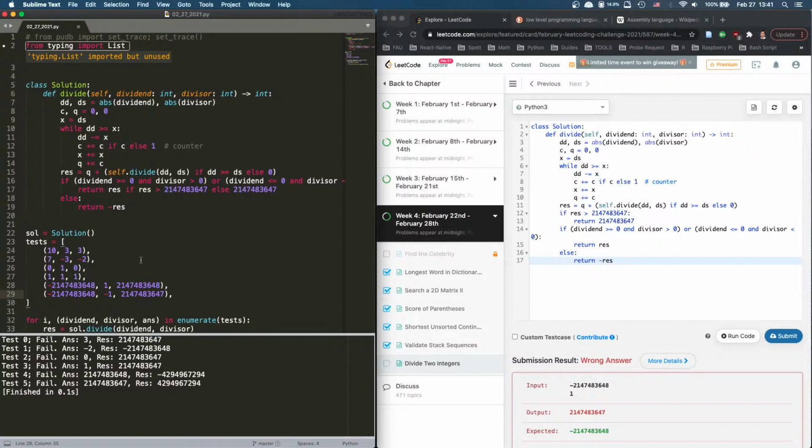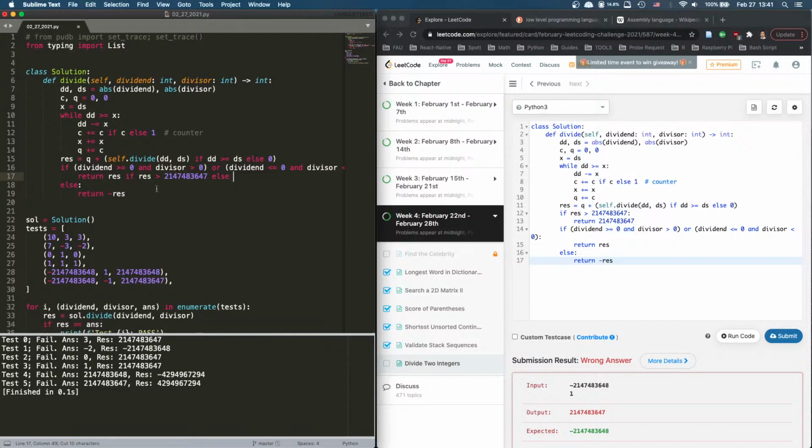What? Oh, because everybody is. Oh my goodness. No. Why would the result be this? No, if it's smaller. Ah, dude, man. This one has to be here. The rest has to be here.